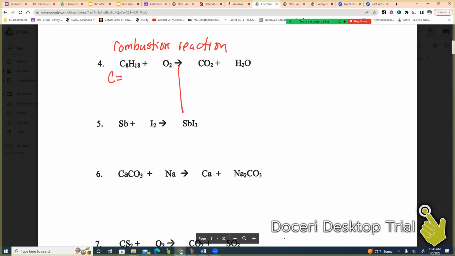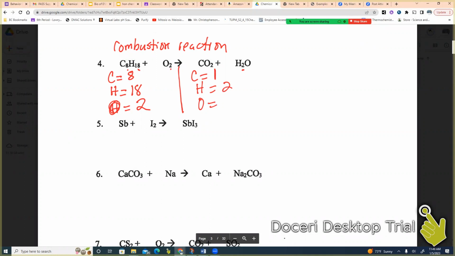All right, so I only have 3 elements. To start off with, my carbon 8, my hydrogen 18, my oxygen 2. Right, same thing on my product side. My carbon, no subscript, so just 1.